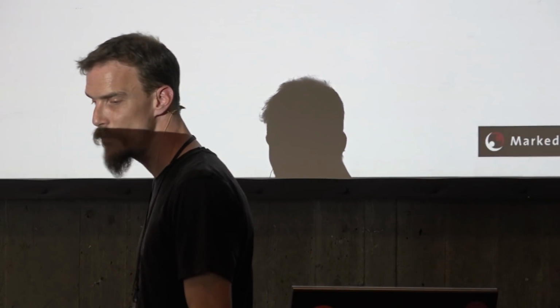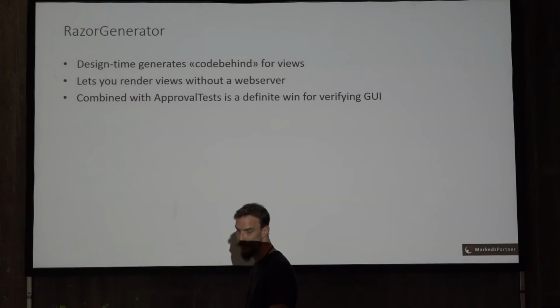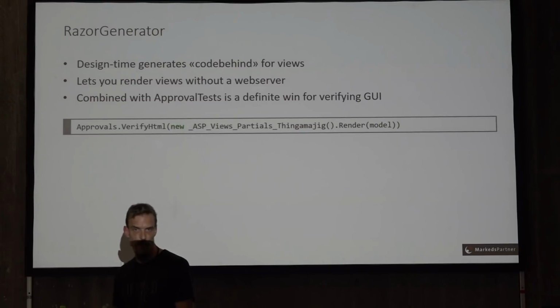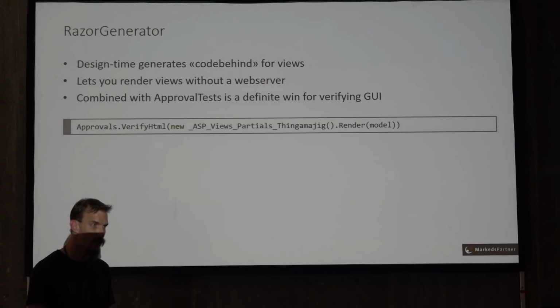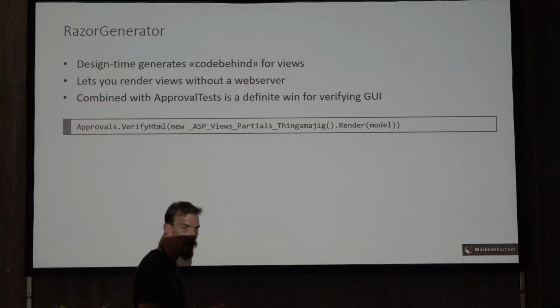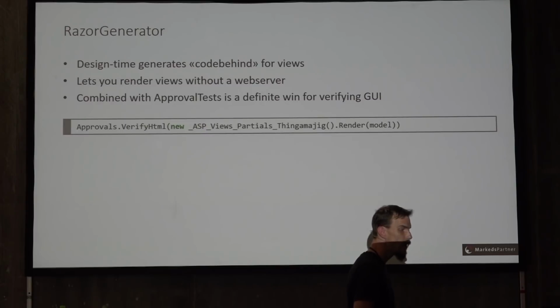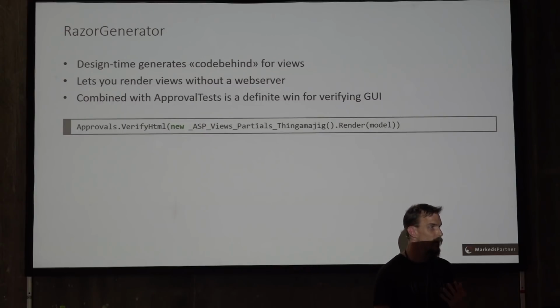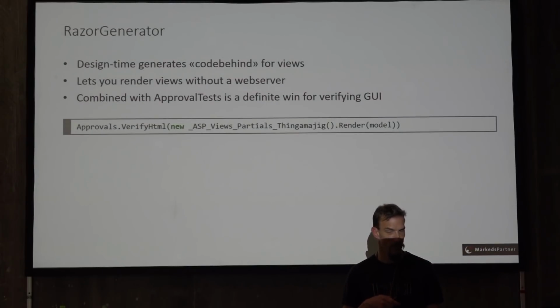So you can render your views without actually having a web server. And if you combine this with approval tests, then you can verify HTML, instantiate the view, render it with whatever model you've built up before you do this final get my result thing, and you'll get a diff between the HTML you expect and the HTML that you actually got. Sorry, I'll go back since people were taking pictures.